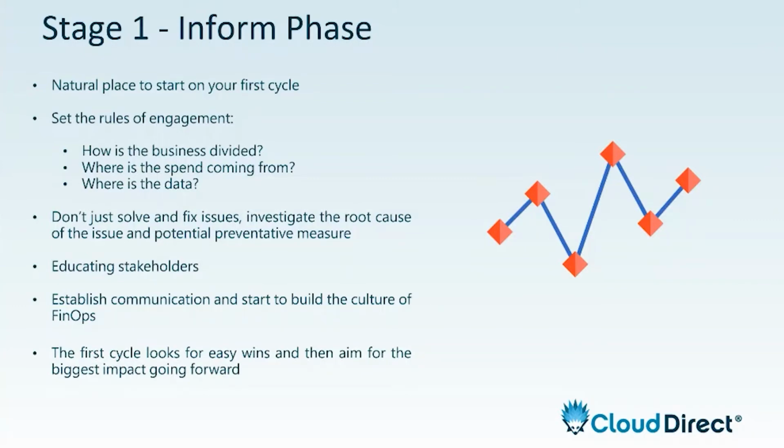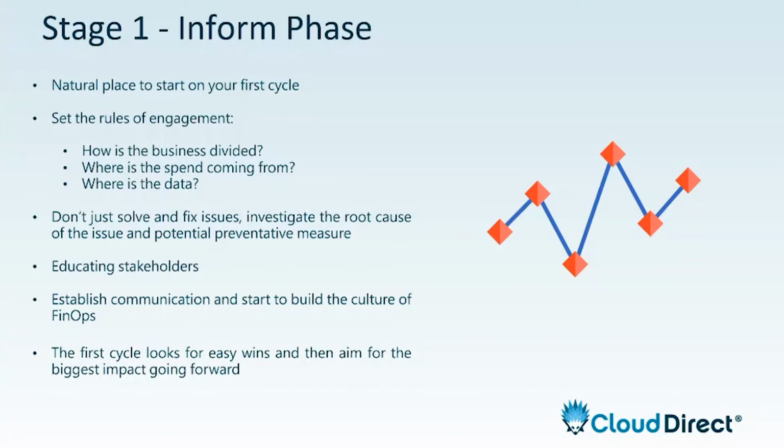Quite often these drivers for inefficiencies will be complex and will often span multiple teams and skill sets. So there will be a need to educate and provide the stakeholders with the most accurate information to help them when they move into the optimize phase.